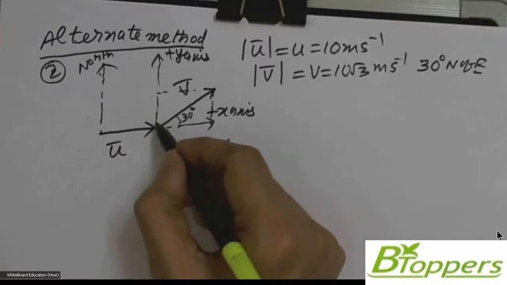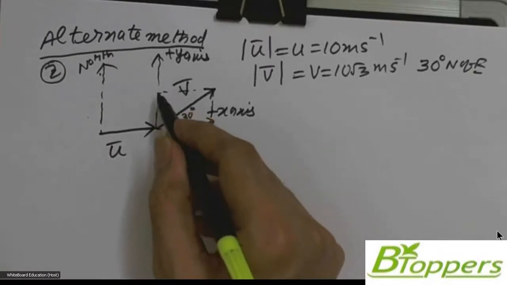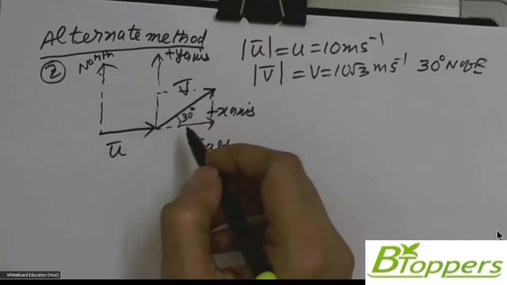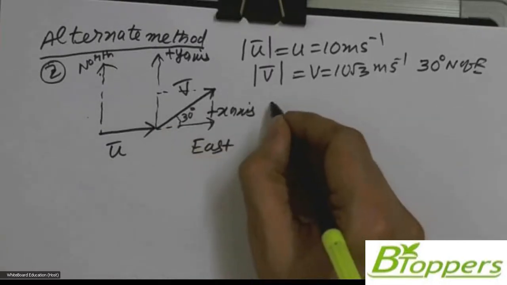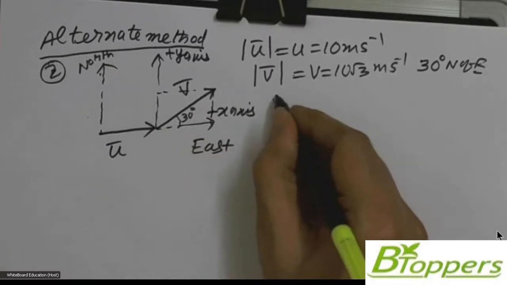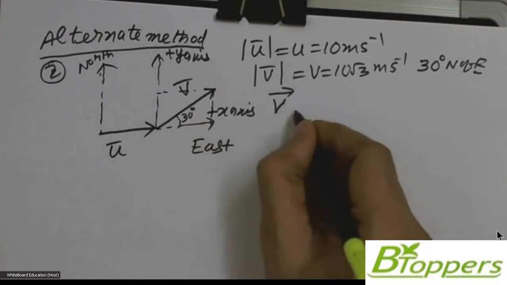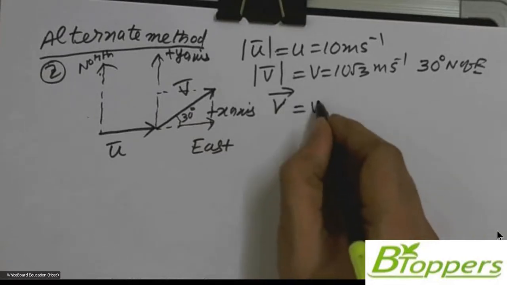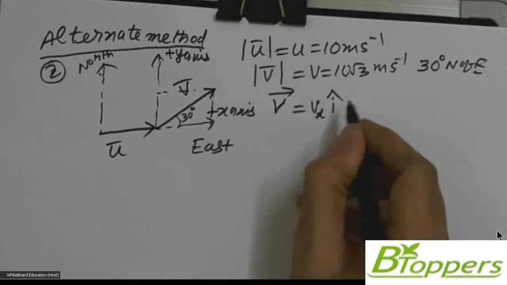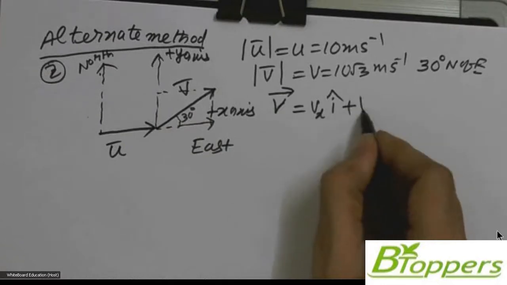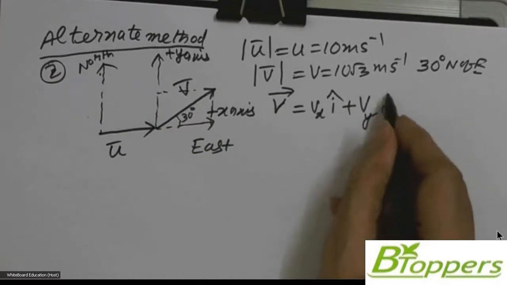The y component of the final velocity vector will be directed along positive y-axis, that will be equal to v sin 30 degrees. So in vector form, v bar can be written as vx i cap plus vy j cap.